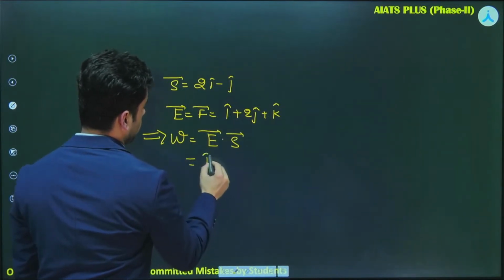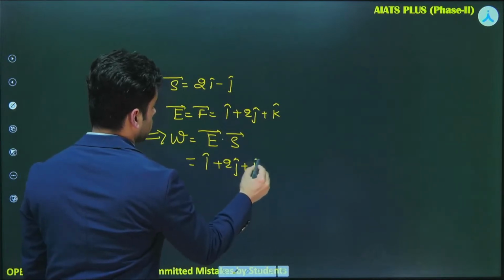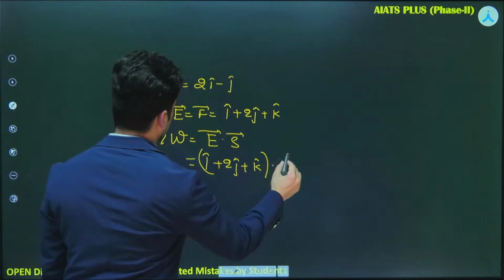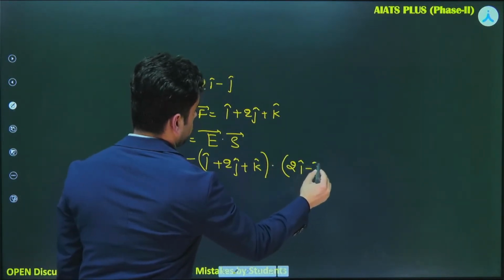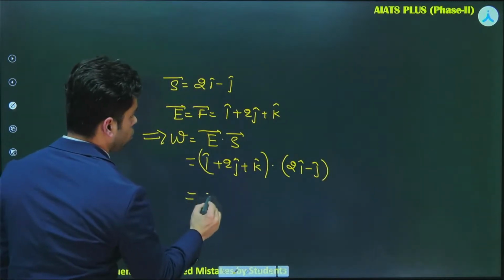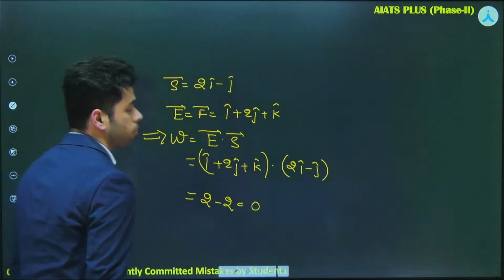So i cap plus 2j cap plus k cap, its dot product with 2i cap minus j cap. So it is 2 minus 2, equal to 0.